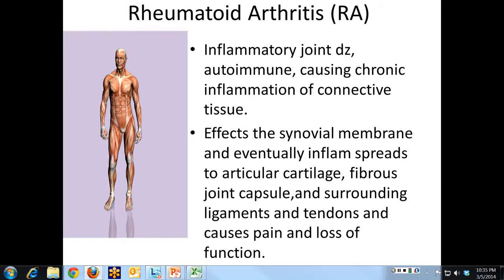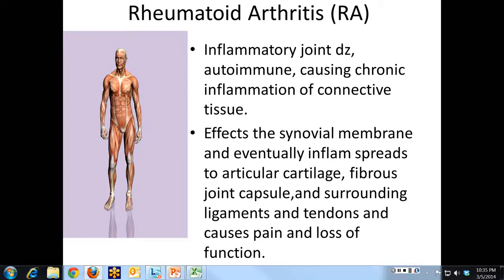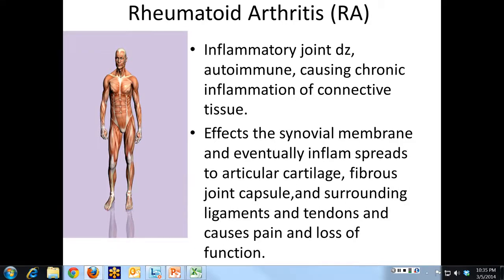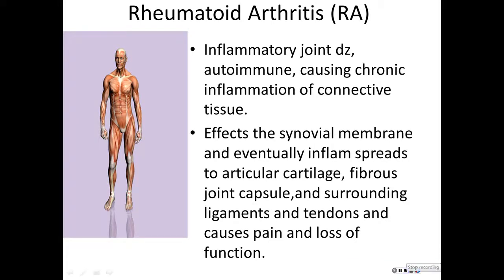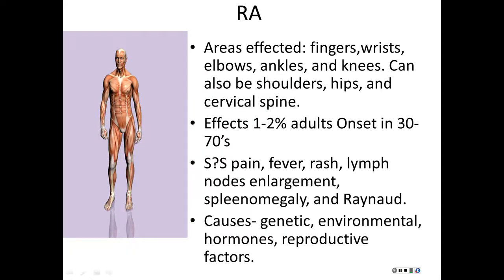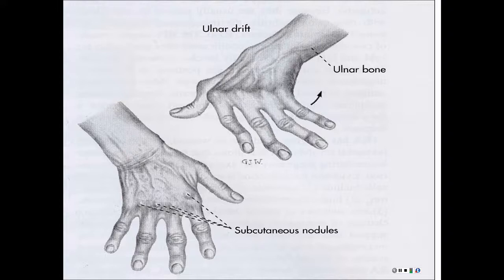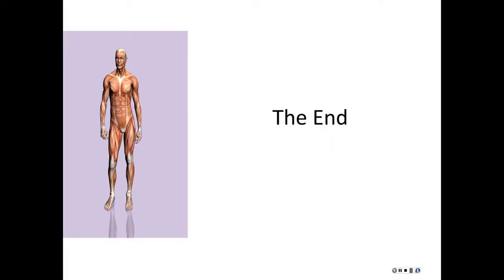Inflammation spreads to articular cartilage, fibrous joint capsules, and surrounding ligaments and tendons, causing pain and loss of function. Okay, and with rheumatoid arthritis, you've got the ulnar drift, and you've got subcutaneous nodules often, but the ulnar drift is real common. All right, thank you very much, and that's the musculoskeletal examination.